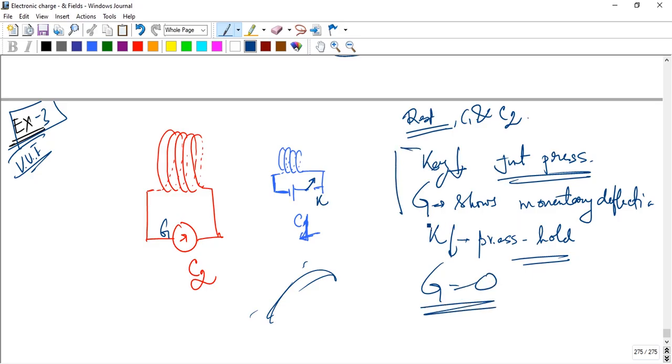When just pressed for a very small time, the galvanometer shows a momentary deflection.